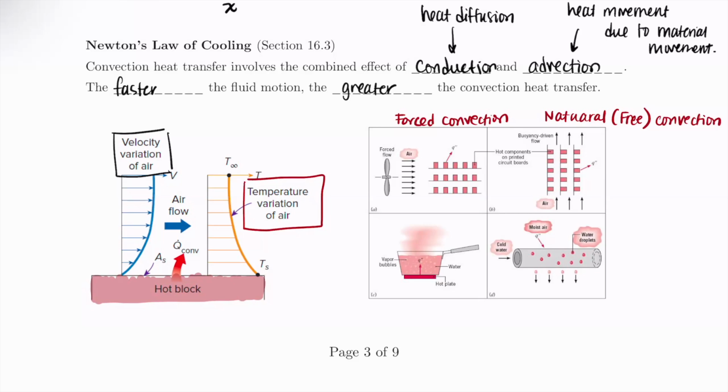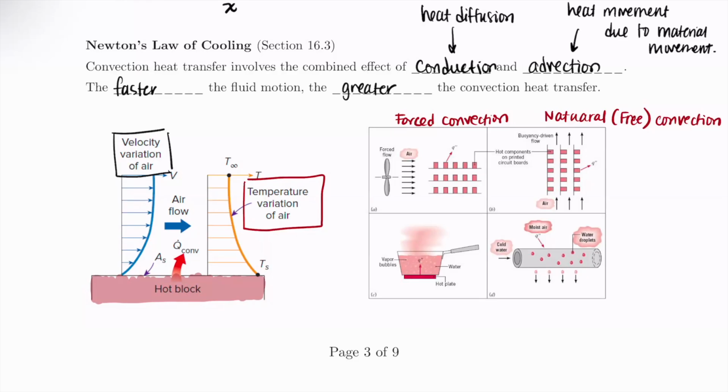We could cool them off with a fan forcing cooler air over top of those components. That would be forced convection because we are putting work into the system to move the air. If we wanted natural convection of those same hot components, we could orient it differently and allow air to rise through it due to buoyancy effects. If you remember, when gases get hotter they become less dense, and so they tend to rise.